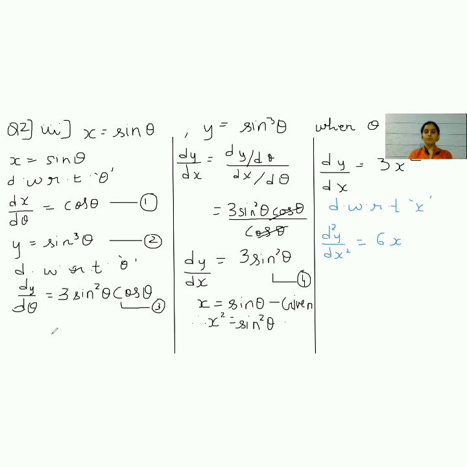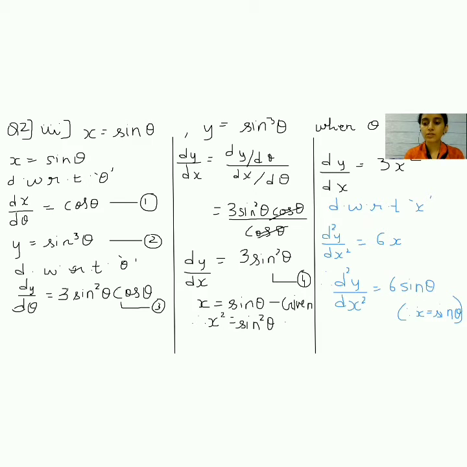Resubstituting x, what will x be now? Sin theta. So therefore d2y by dx square is equal to 6 sin theta. In brackets you can write, since x is equal to sin theta, or you can number the equation and write that as the equation number.